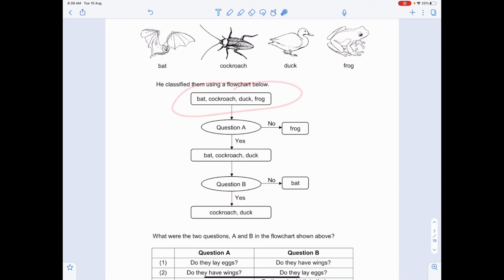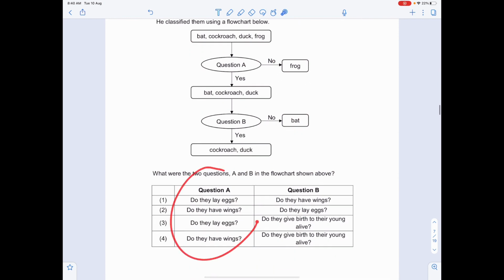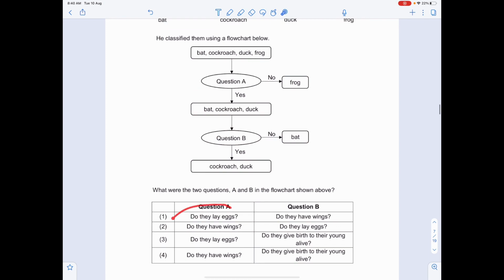Now, question A. The frog has answered no, the rest have answered yes. So ask yourself: out of all this, which is unique to the frog? Do they lay eggs? Well, your frog lays eggs, so that cannot be the question. Do they have wings?